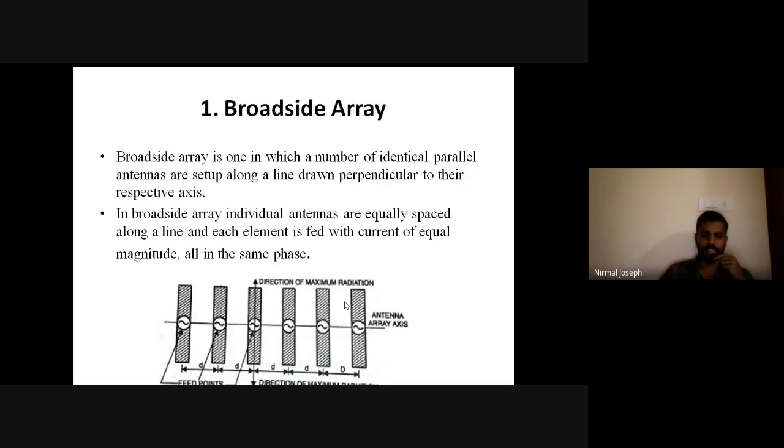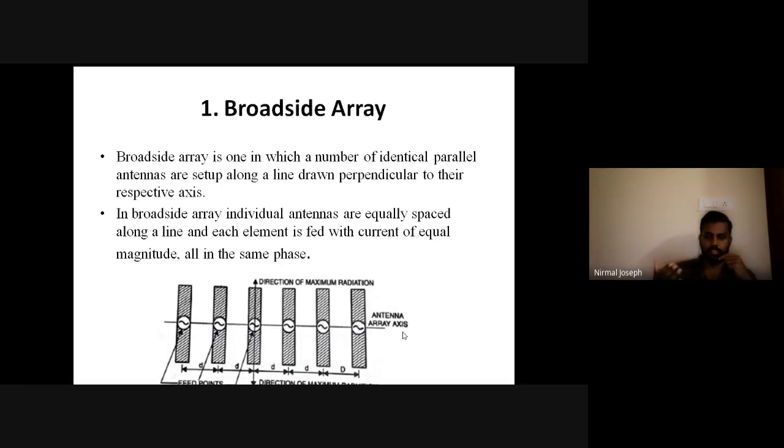You can see that in the pictorial representation itself. These vertical shaded things are antennas. All these antennas are arranged parallelly, and the antenna array axis is running perpendicular to them. This is the arrangement of a broadside array, and we have already discussed this.